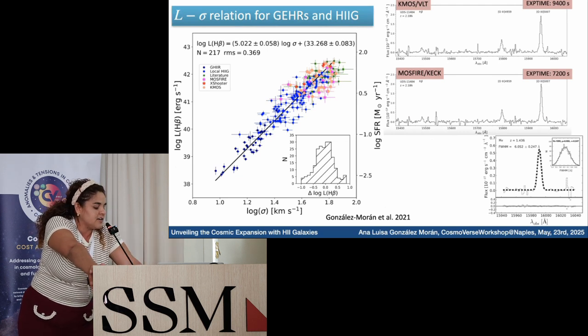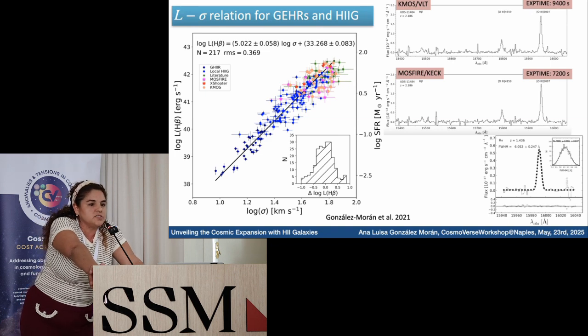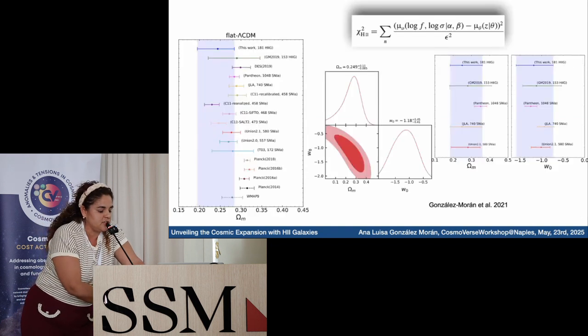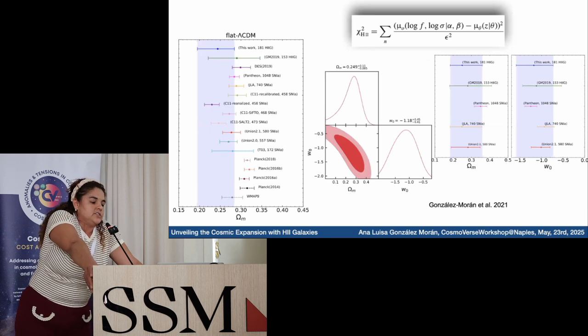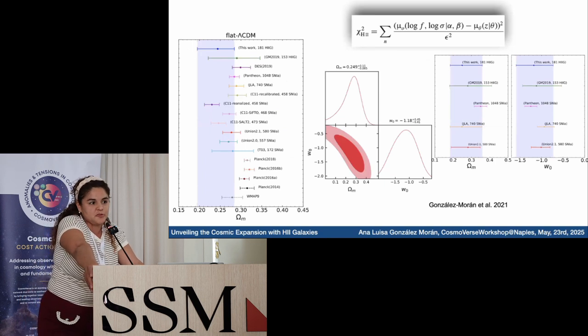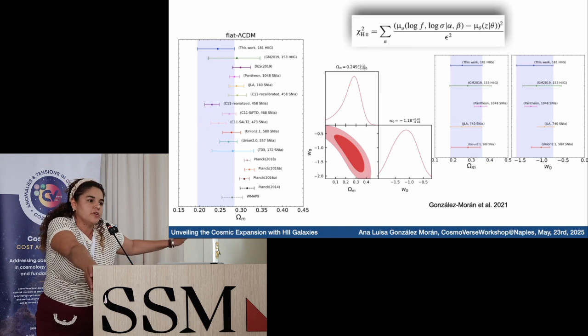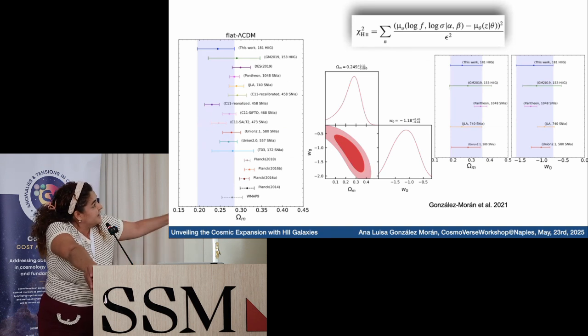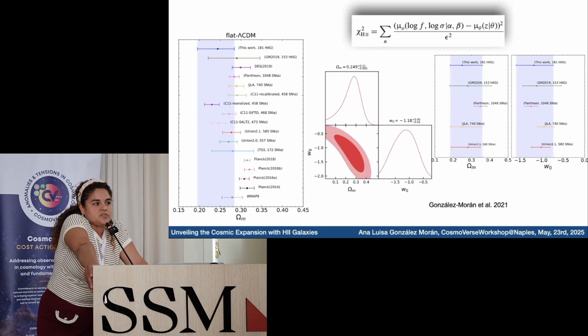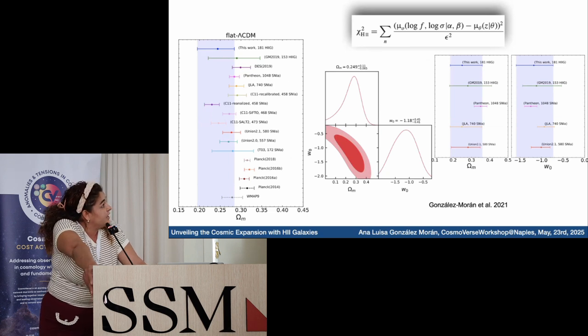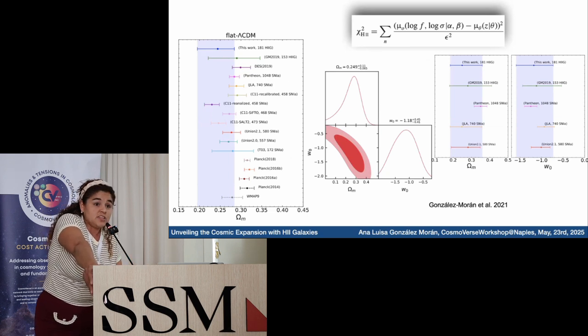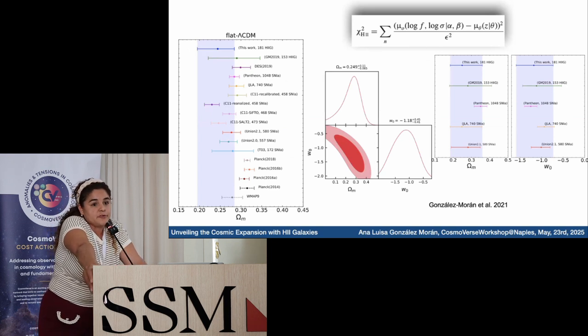And here I am also performing a Monte Carlo analysis to analyze the uncertainties in the velocity dispersions. As for how we constrain cosmological parameters, I'm going to focus more on the results, but essentially we compare an observed distance modulus, which depends on the fluxes and the emission of these targets and also on the velocity dispersion that we are measuring, with the slope and the zero point in the L-sigma relation.